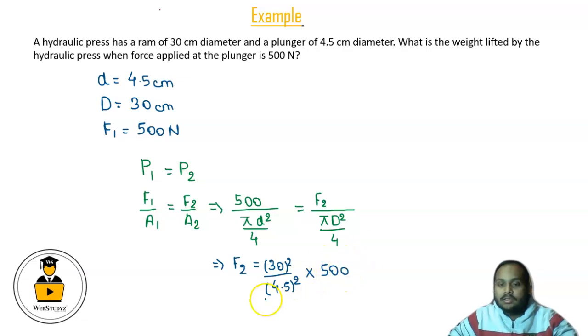If we calculate this, we get 22,222.22 Newton. Or if we convert this into kilonewtons, we get approximately 22.2 kilonewtons, or we can directly write 22 kN.